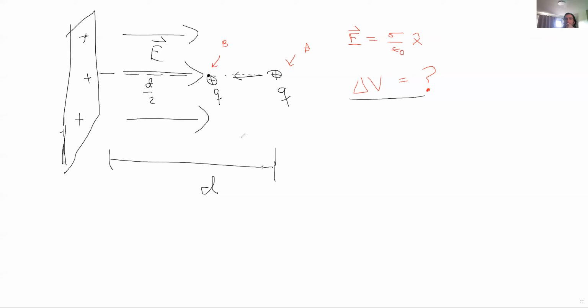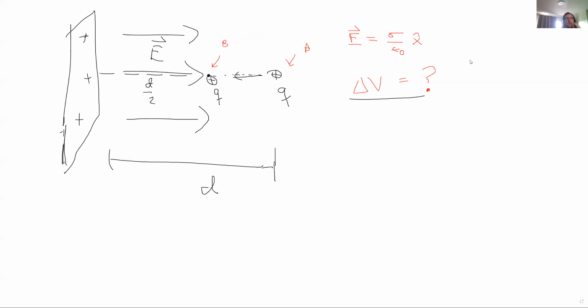What should we do? First of all, what's a relevant formula that we've developed that involves the electric field and the potential difference?